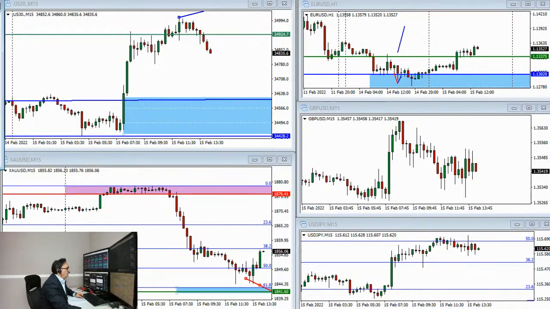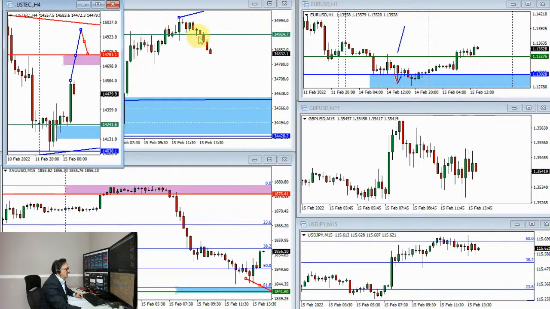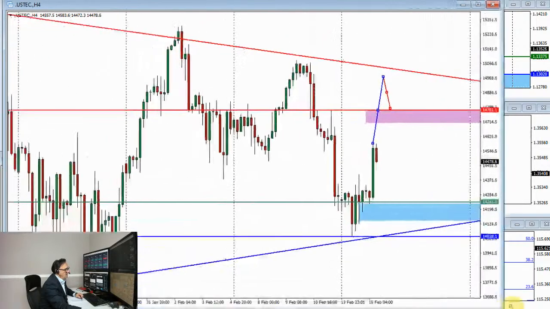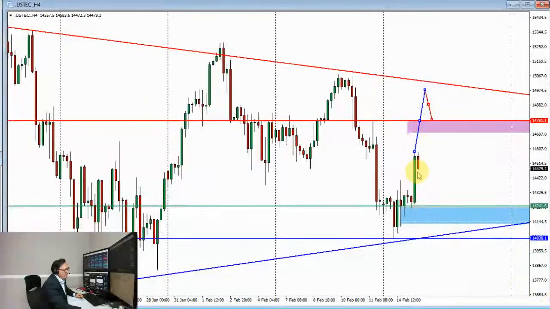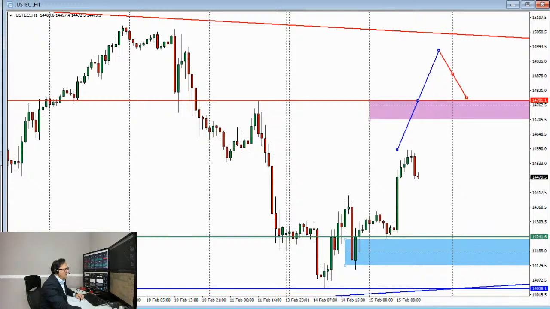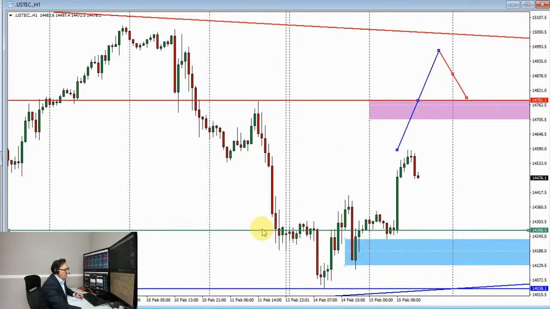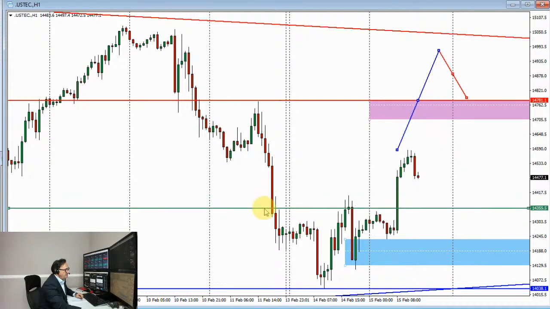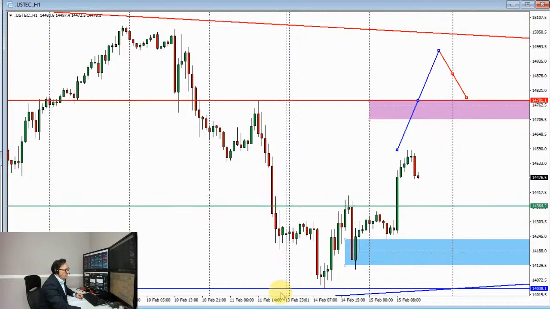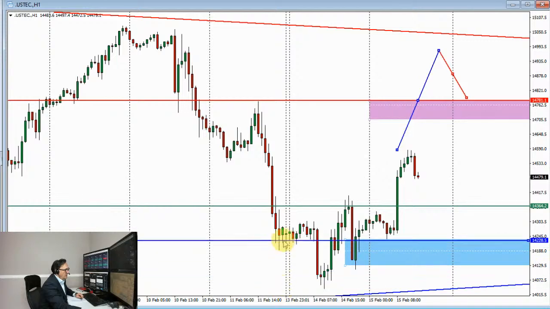Just going back to that Nasdaq trade. This is Dow. I'm keeping an eye on Dow. Dow is pulling back. Nasdaq is also potentially pulling back. So before the open, let me see where I am at the moment. Should I do anything here?